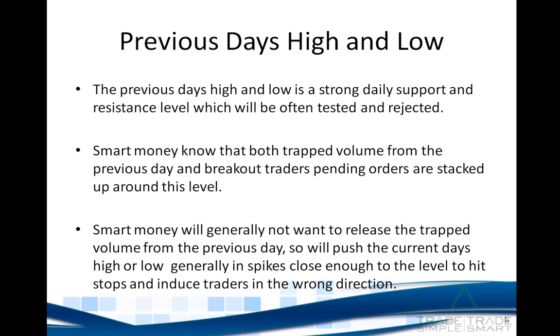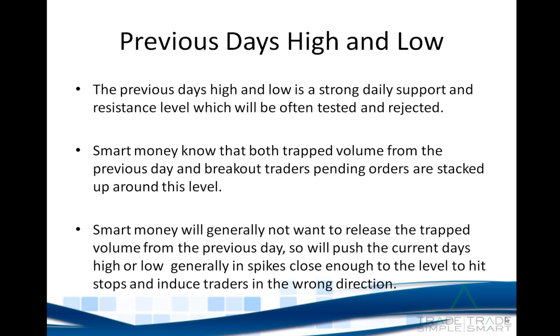The only difference being that they're dynamic in that they change every day. So smart money will generally not want to release the trap volume from the previous day. So they will push the current day's high or low generally in spikes close enough to the level to hit stops and induce traders in the wrong direction.